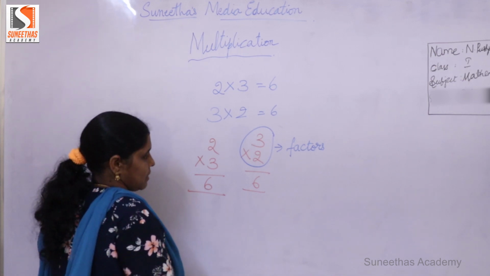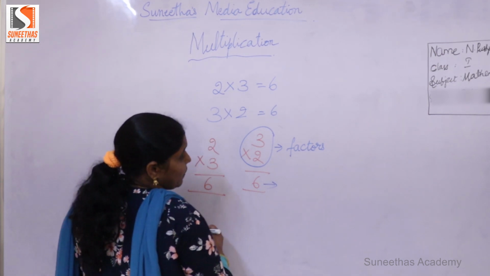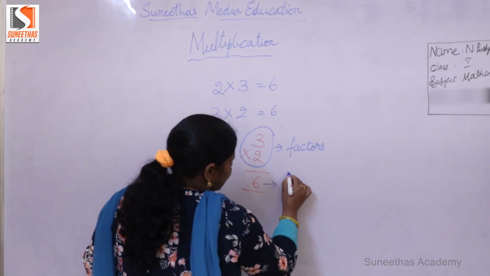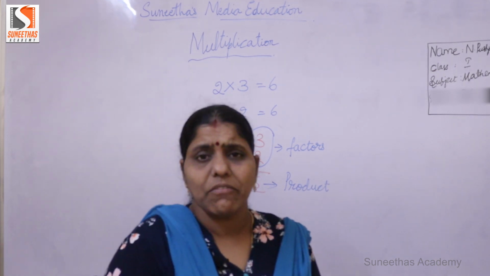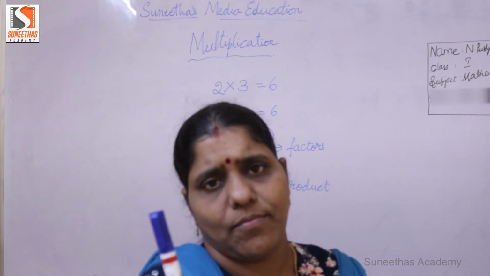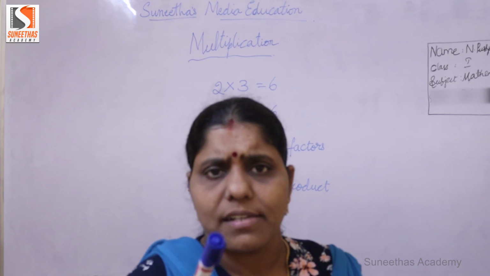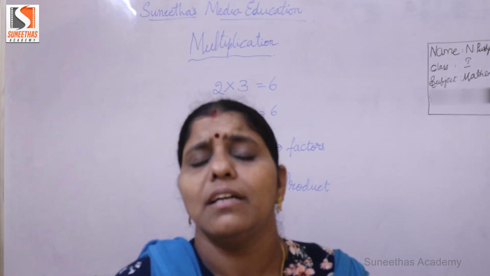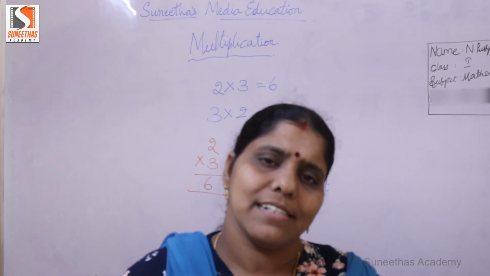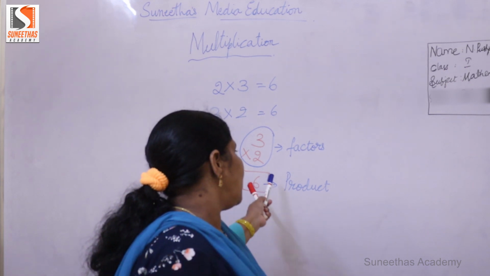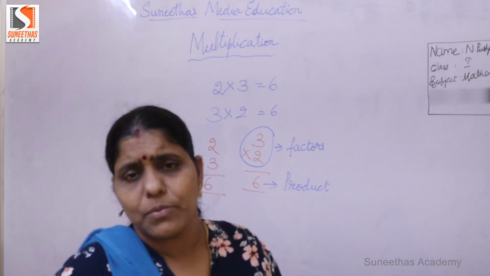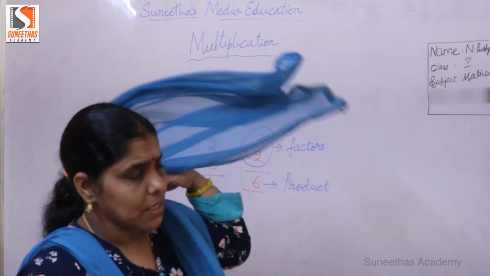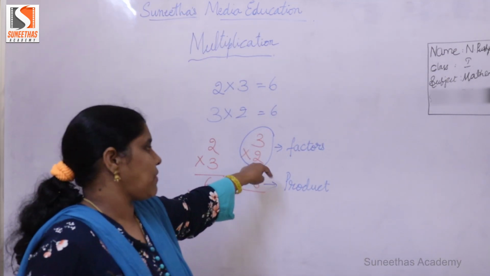Okay children, factors. And the answer you will get is called the product. From where do you get the product, children? Pen factory, chocolate factory, biscuits factory. Like that, with the factors only we will get the product. The product comes from the factories. These are called the factors.